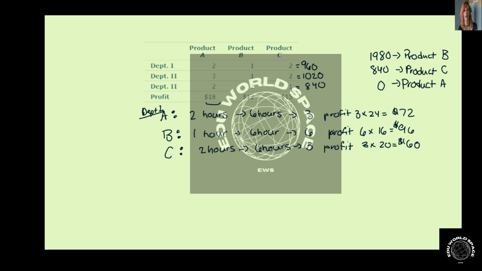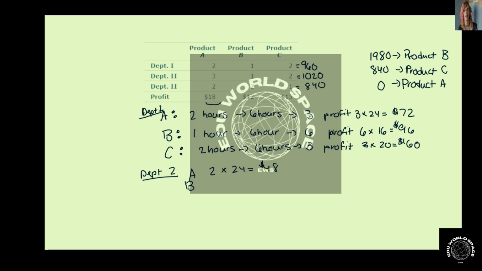For department 2, product A takes 3 hours, and so therefore 6 hours can make a profit of then 2 times 24, which is $48.